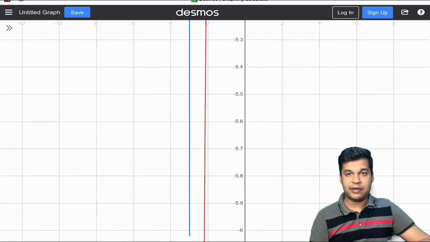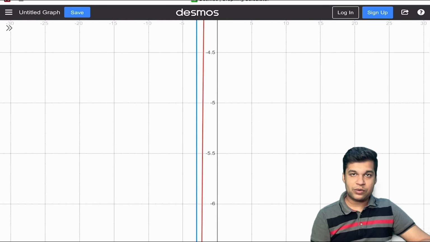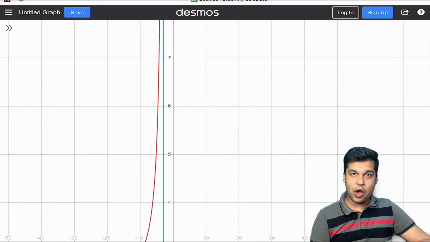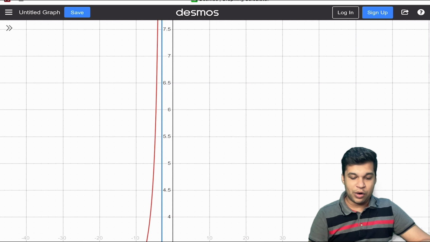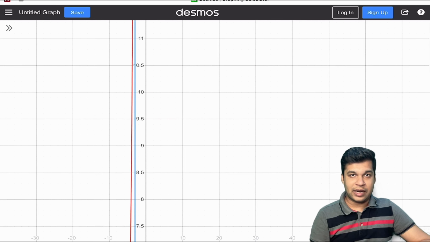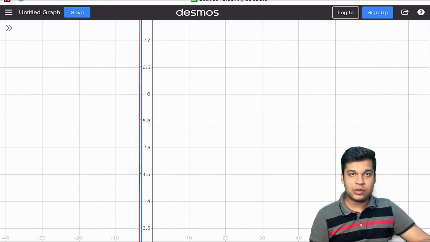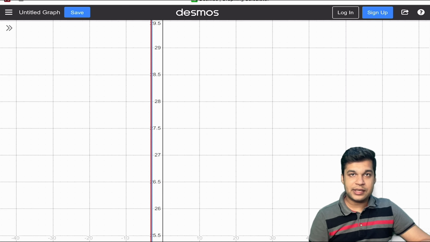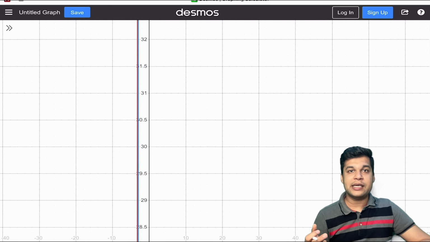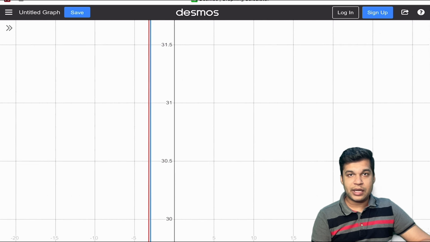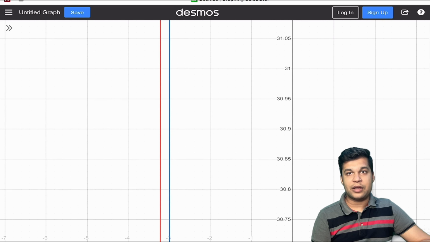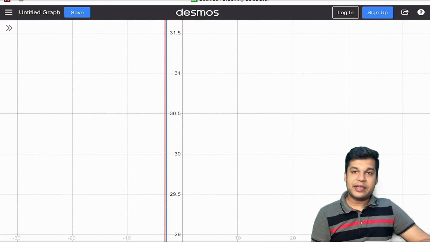The same happens on the top also. You can track the y coordinates; it's trying to come closer to the graph. Maybe at this point we are at 26, let's say 30. Now you might say, sir, at 31 they are touching. But if I zoom in, they are not touching. So this is how you find the vertical asymptotes.